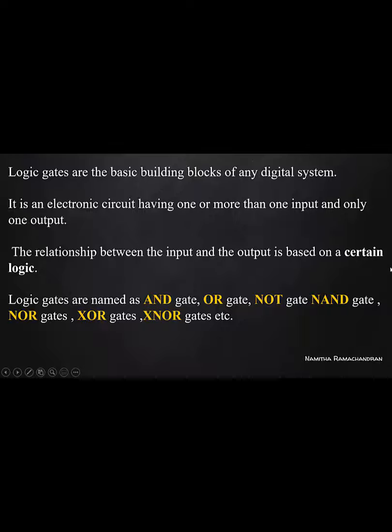By changing the logic, we have different logic gates like AND gate, OR gate, NOT gate, NAND gate, NOR gate, XOR gate and XNOR gates. These are the commonly available logic gates. Among these, AND, OR and NOT form the basic logic gates.